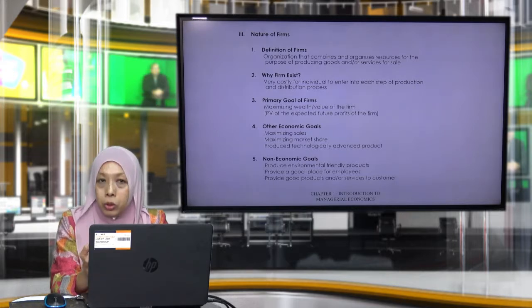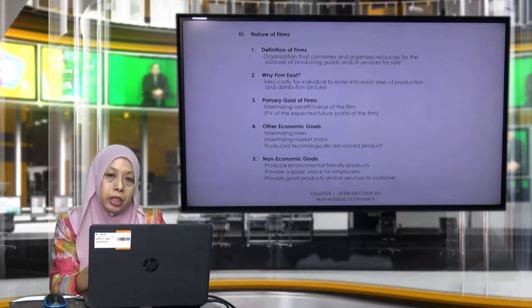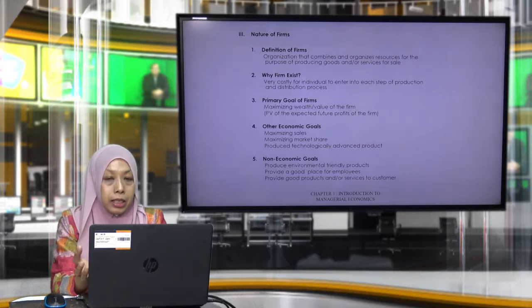There are also non-economic goals, whereby the firm wants to produce environmentally friendly products, have an organization that is very conducive for the employees, or provide very high quality products or services to consumers. So these are also goals of a firm.